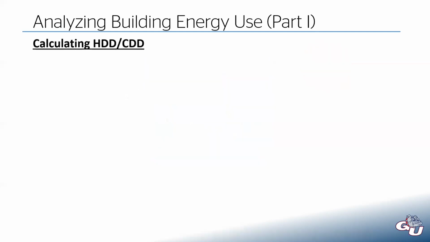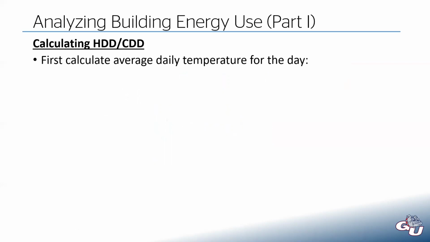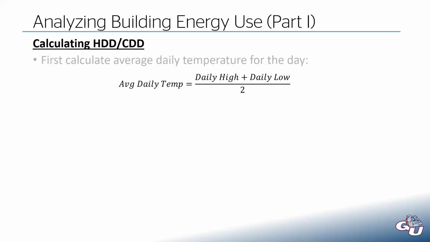To calculate heating and cooling degree days, it's not very difficult, thankfully. The first thing you need to do is calculate the average daily temperature of the day. What is a little unusual is how they define it. They take the daily high and the daily low and divide by 2.